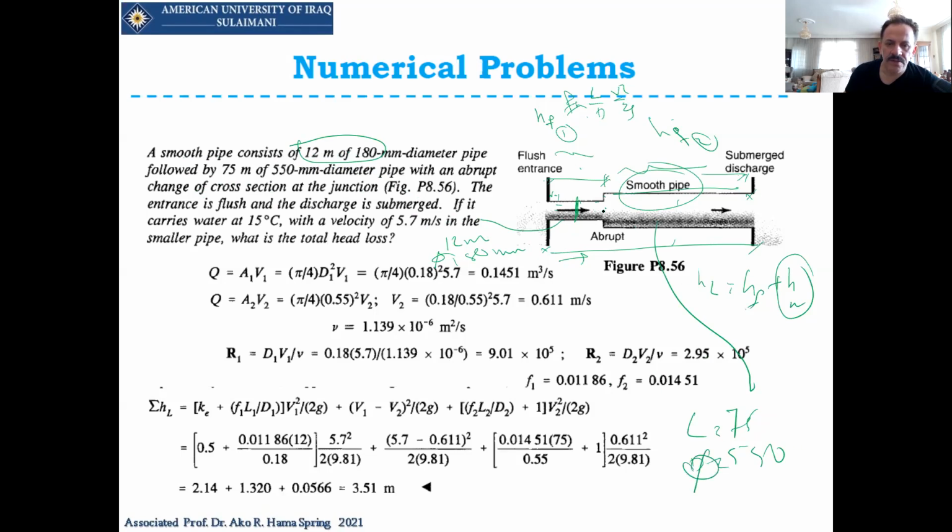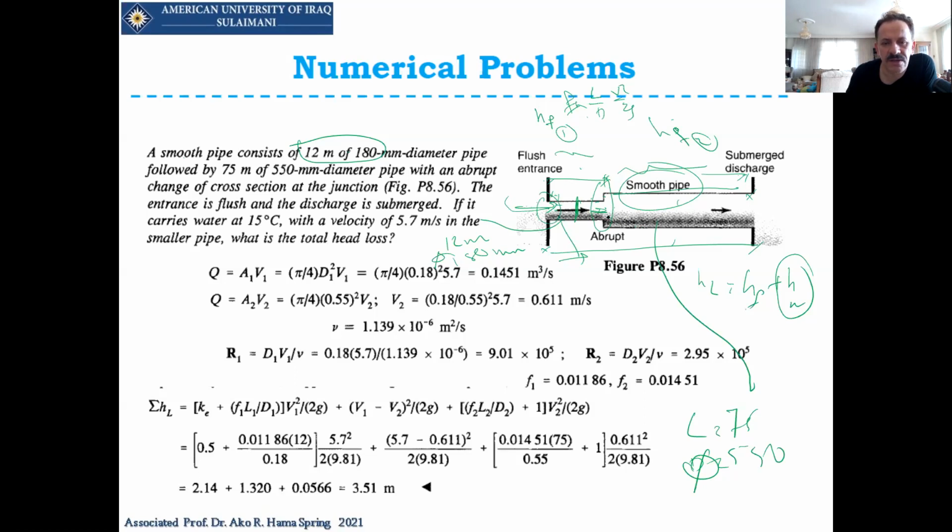So what happened here? There is a sudden enlargement in this connection, right? Enlargement, yes. Now, we also have an entrance, where the water is going to enter this pipe from here, so we have a minor head loss due to the entrance.